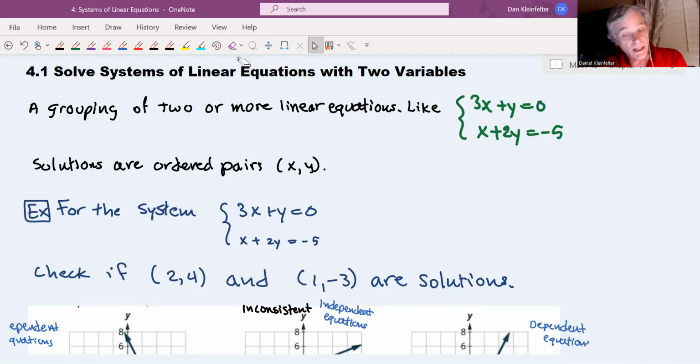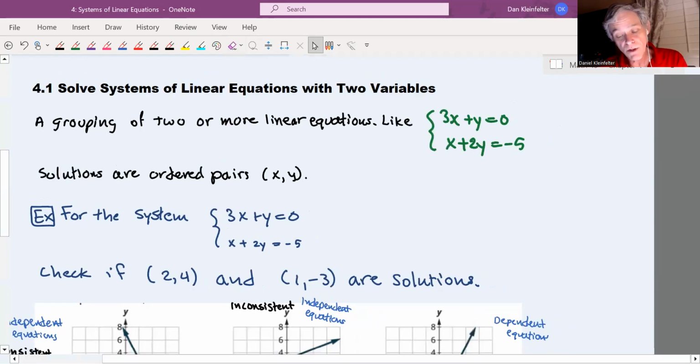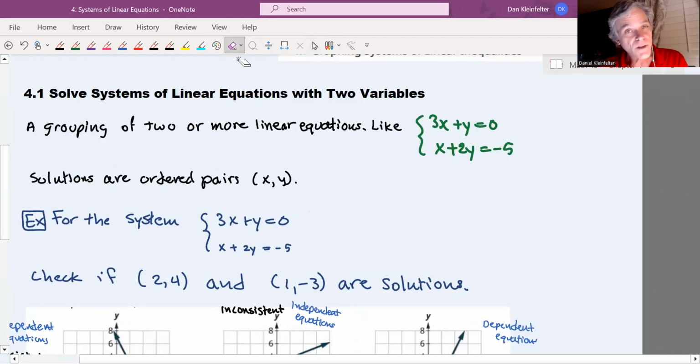All right, so systems of linear equations with 2 variables. One of those is a grouping of 2 or more linear equations like what you see here: 3x plus y equals 0 and x plus 2y equals -5. The part about it being 2 variables should be obvious. It's just x's and y's.